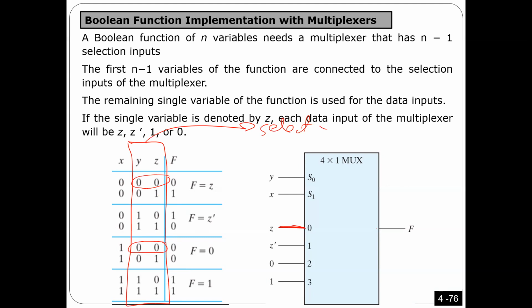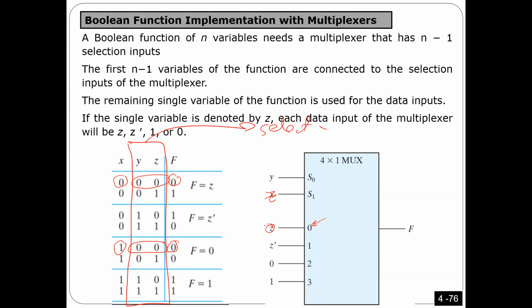So what should I connect at this input? Let's see. I'm gonna make the function now using these 2. When x is 0, I got 0. When x is 1, I got 0. So no matter what the value is, f is always 0. So at input 0, I am gonna put 0. So here I'm gonna put y and z.